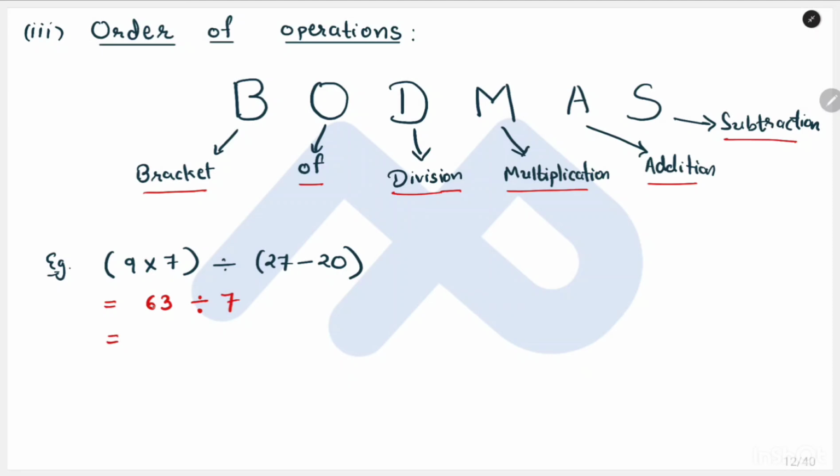Now we'll solve this division, 63 divided by 7, which is 9. So that's your answer. Clear?